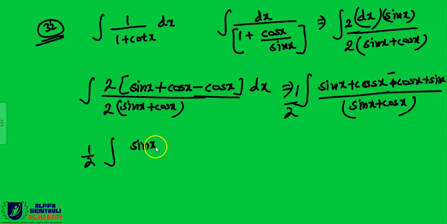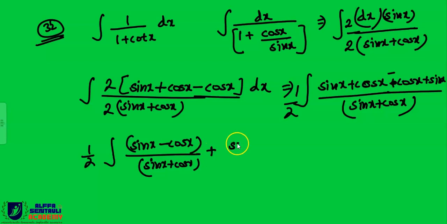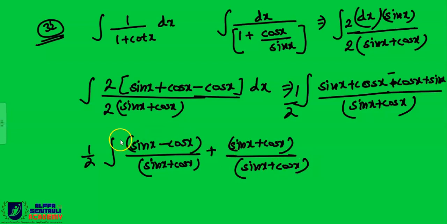Now 1 by 2 can be written in this way. Then you can take sin x minus cos x as one term, then write sin x plus cos x, and then take one term sin x plus cos x. I'm separating this term. When you take LCM, you will get the same thing again. Got it?